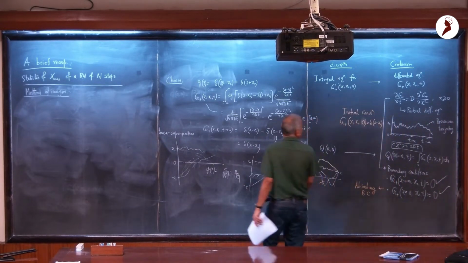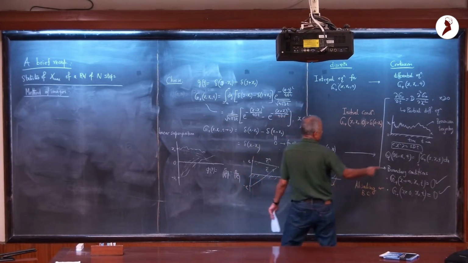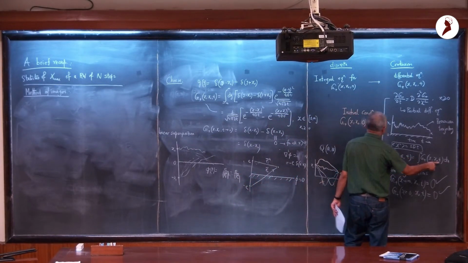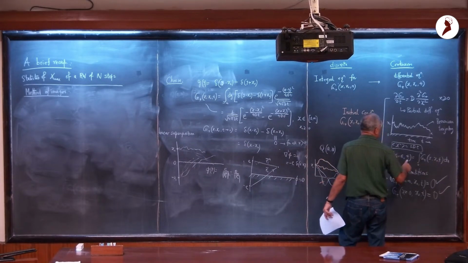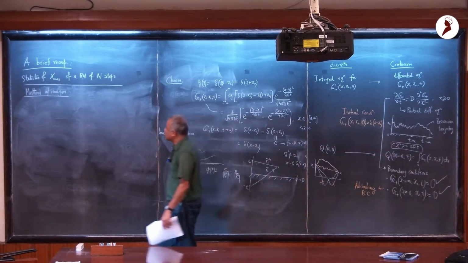Okay, so we are more or less done. So I have explicitly this solution here. This is this guy. And I just have to calculate this survival probability, Q of A, t.